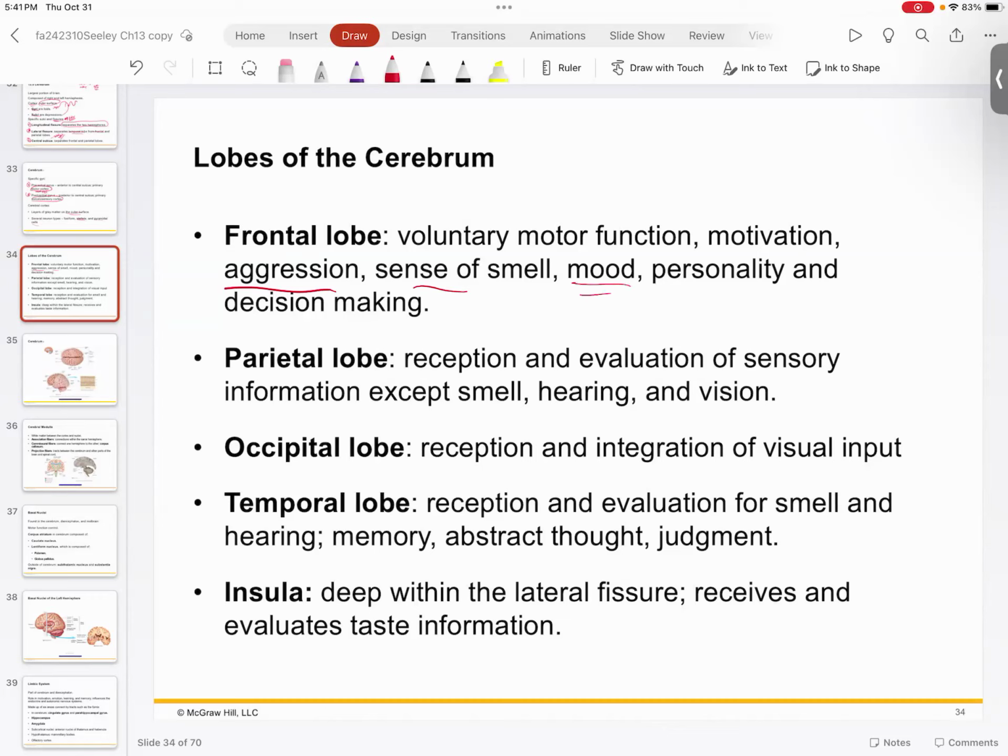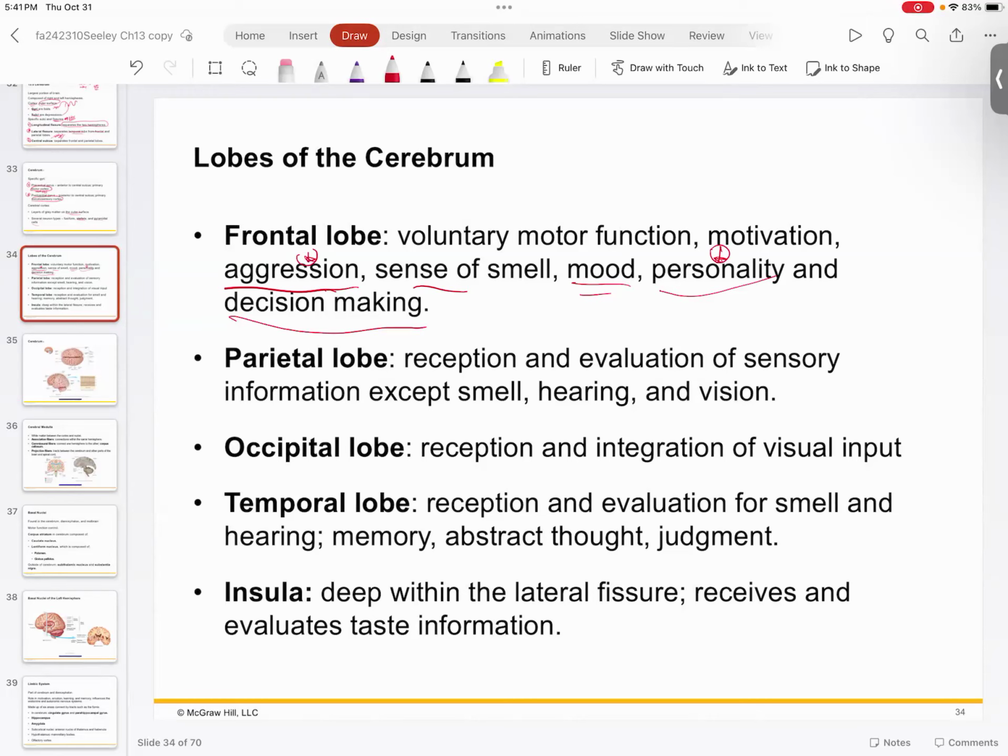Mood, personality, and decision making all come from this area. This is one of the reasons why if somebody has a frontal lobe injury, they can experience a loss of smell, aggression problems, or personality changes. This is common in somebody who has brain damage in this particular area.